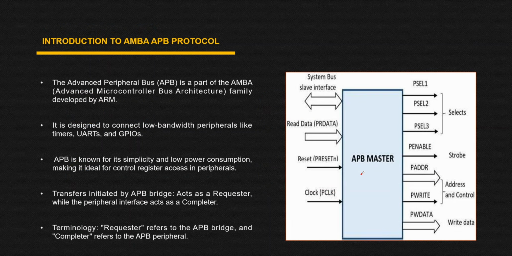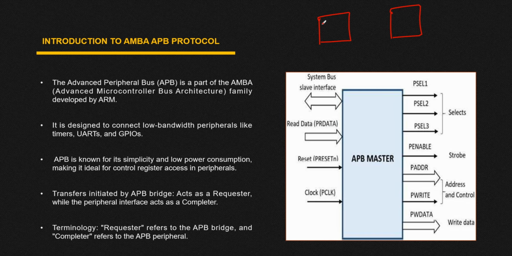Okay, so here you can see the introduction to the AMBA APB protocol. Before starting any protocol, first of all, you have to know what the meaning of protocol is. If you want to establish some communication, you need to follow some set of rules. That set of rules is nothing but your protocol or communication protocol. I hope it is clear to all of you.